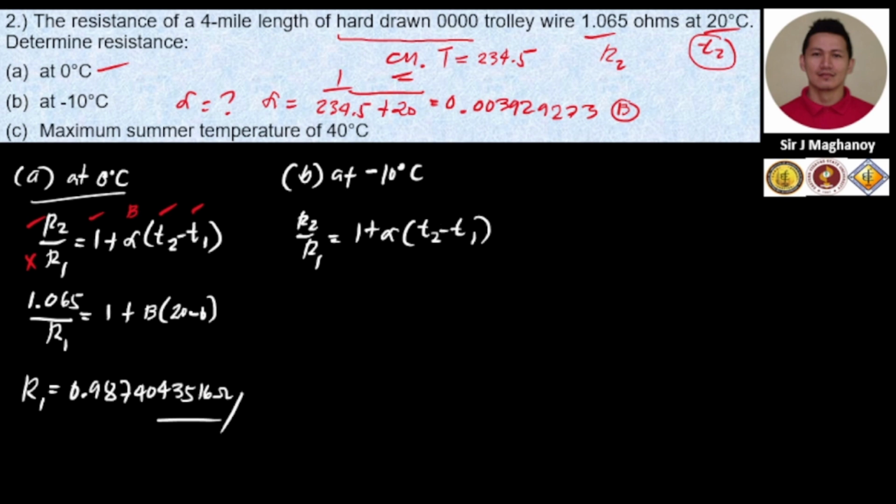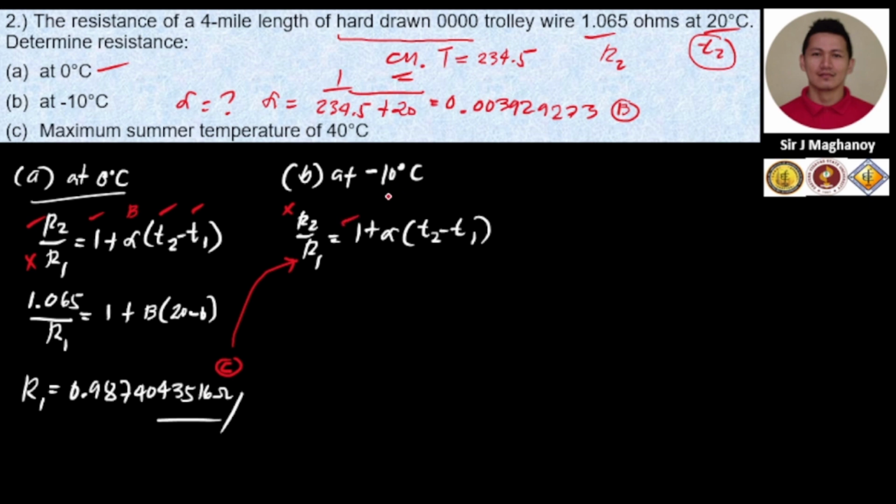Now, for B, our R2 will be the unknown since we have the value for -10. As for R1, the value of R1, let's save this to alpha C. Okay, this is your R1.